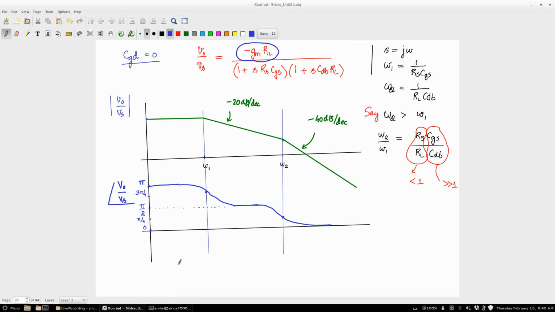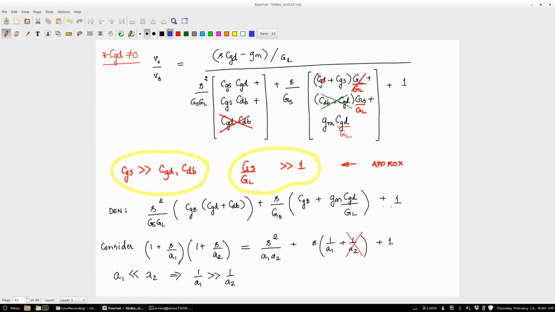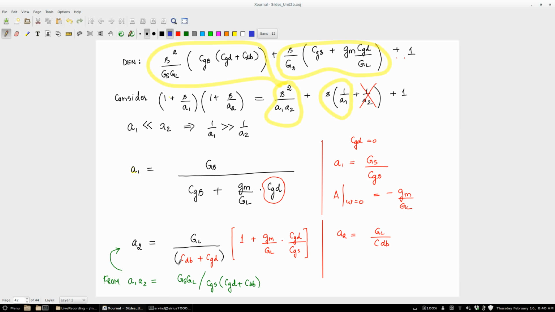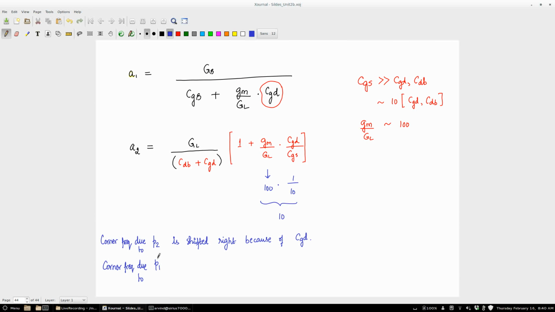So here, this omega 2 is the corner frequency due to P2. And what has happened to omega 2? You move omega 2 to the right. What about omega 1? Did it move to the right or left? Think. What has happened to omega 1?